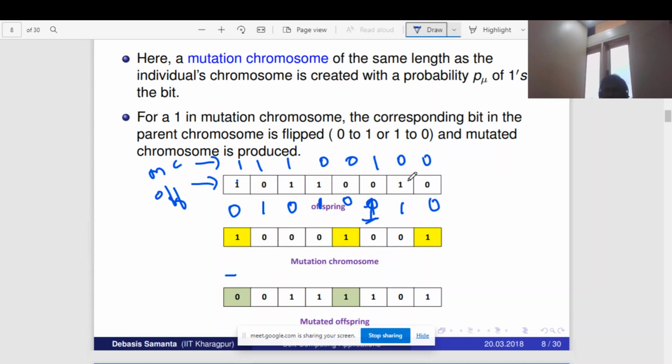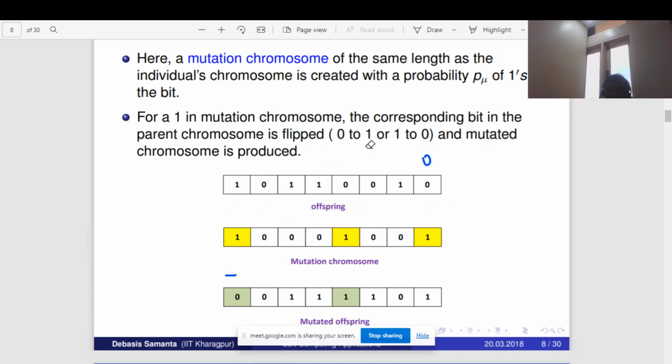And this is 0 0, so the same thing will come as it is, right? So this is how this technique works. So this is what flipping does, right? So basically it selects some set of bits with a probability of mu p, and those bits will be flipped. That's it.